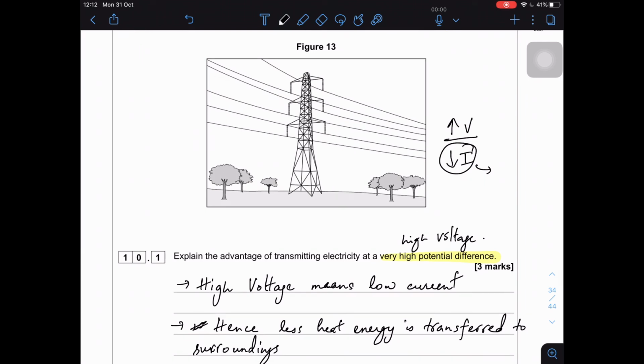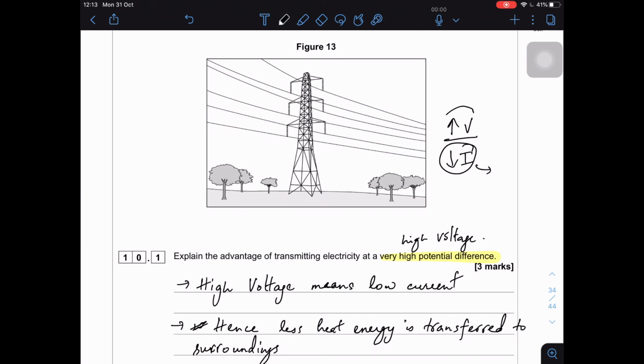So we are not losing energy through heat. When I'm producing energy in a generator, what I want is almost all of my electricity to go to the houses. I don't want to lose it as heat. The last thing I want is to lose some of the electricity on the way. So that's what I'm trying to reduce.